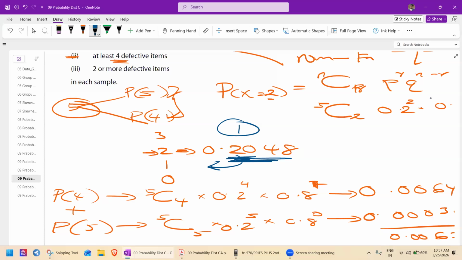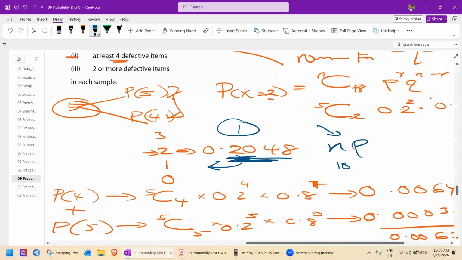Here it's very straightforward. np, we have discussed this in the previous sessions. np, expectation. n is the number of repetitions, here 1,000, and the probability is 0.2048. So it's straightforward.